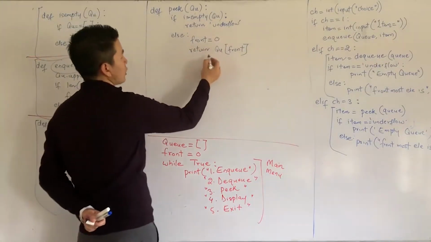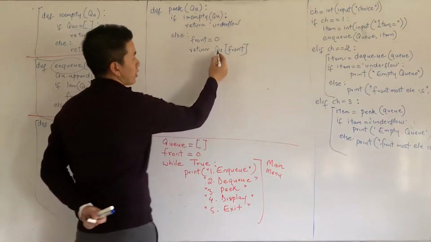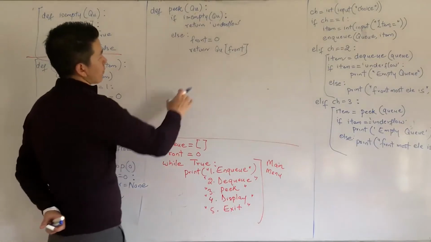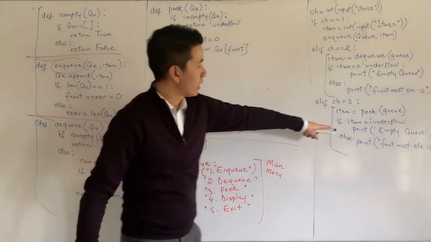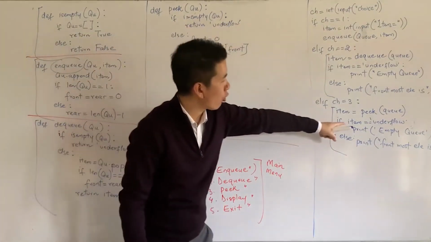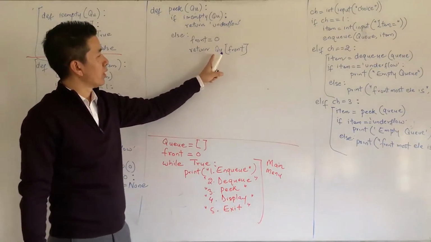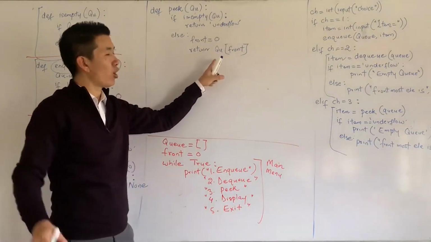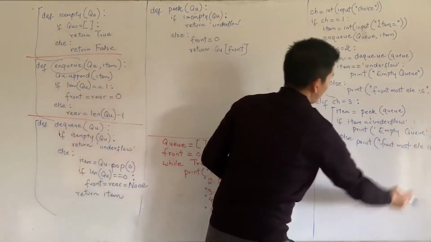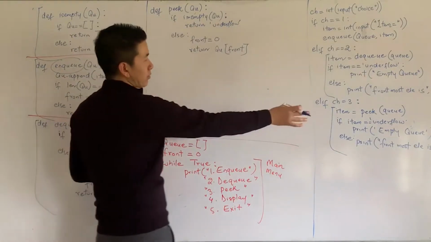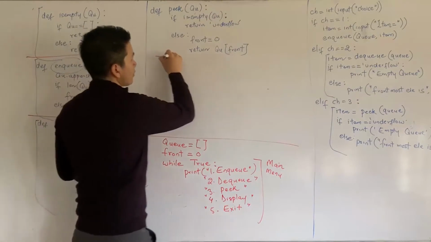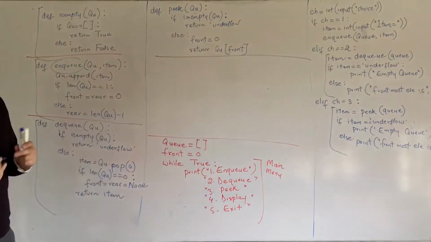So front is equal to 0, and then return Q[front]. Q of 0 means you're obviously referring to the first element of the queue. So once you return it, either the item will have the value of underflow if the queue is empty, or it will have the value of the first element in the queue. The condition will be false, and then the item value will be printed, which is nothing but the value being returned by this particular statement. So this is how you come up with the function definition of peek.